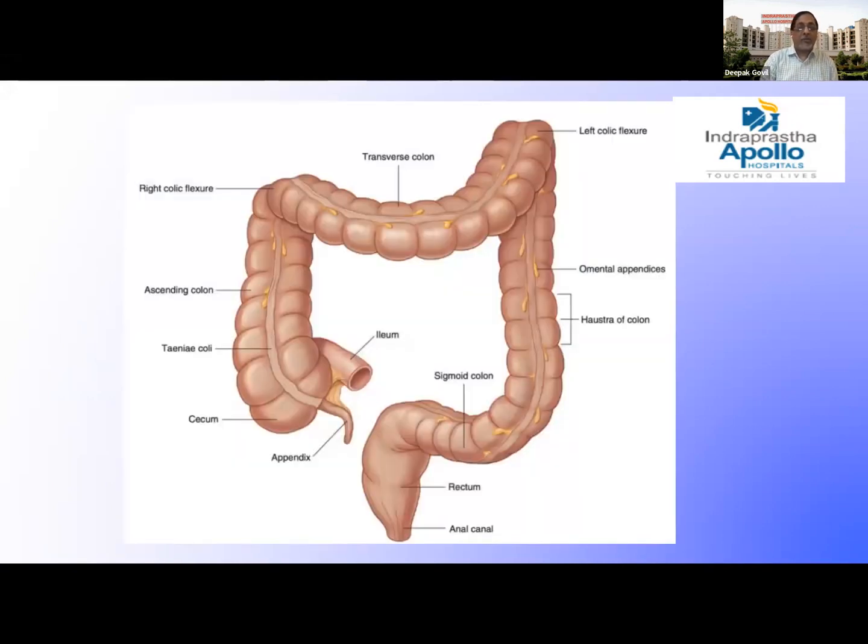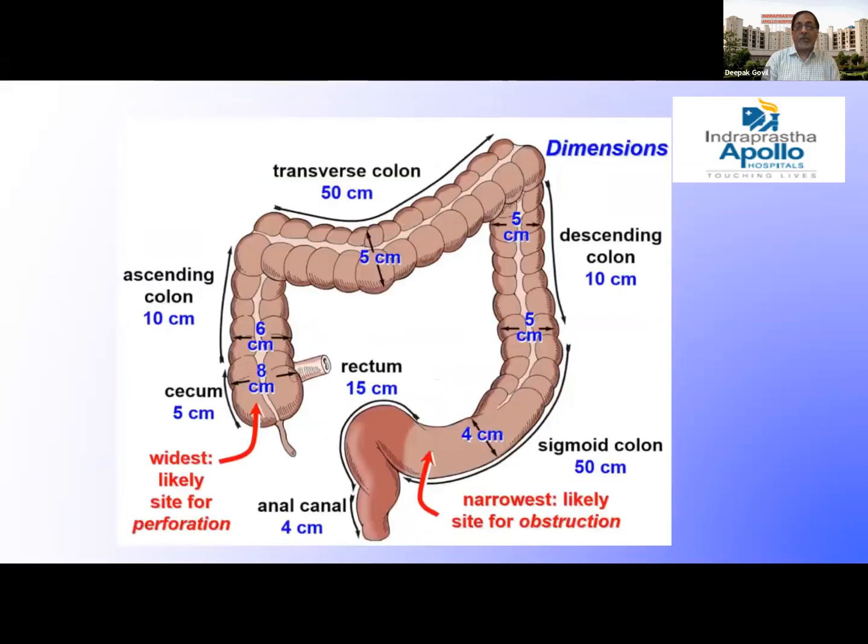As all the surgeons viewing this know, the parts of the colon are the cecum, the right flexure, the left flexure, the sigmoid, and the rectum. This is just the basic parameters, the diameters.